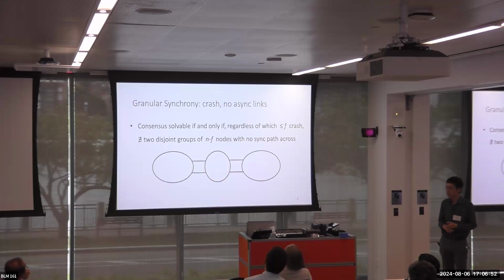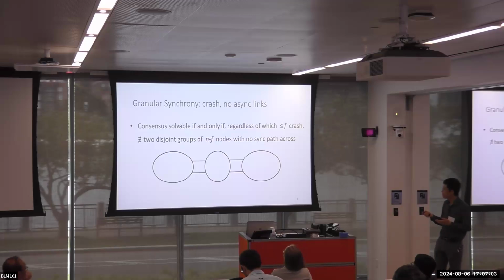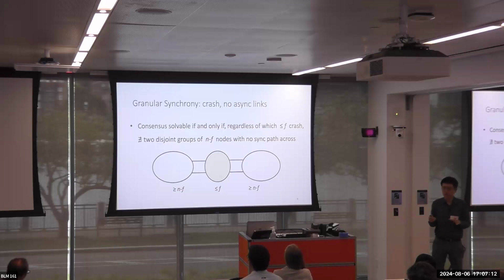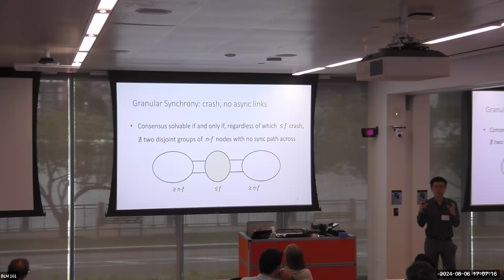So I'm really saying something very simple, right? That the adversary will win, and no algorithm can exist, if there is a way to identify up to F nodes, crash them, and then we're left with two isolated groups that are not connected by synchronous paths.